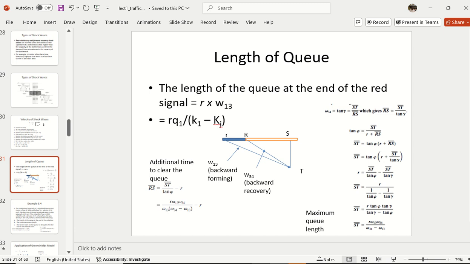Now you want the time in what? Seconds or hours? Hours? You want the queue to get cleared in hours? Seconds, right? Okay. And this one is what? Distance. You want the distance in what? Miles or feet? Feet.